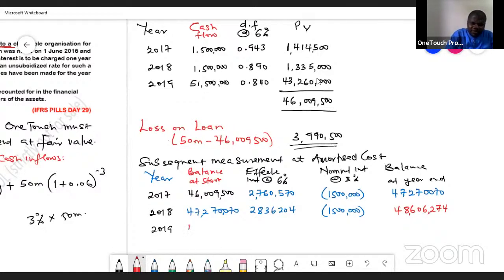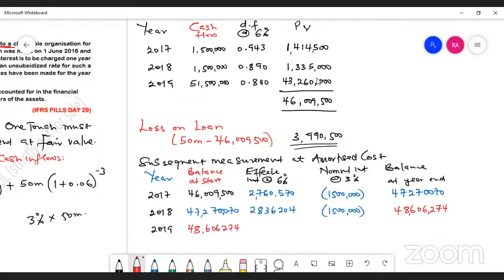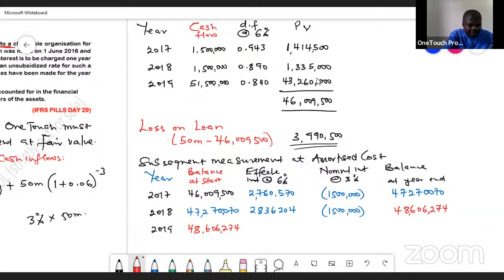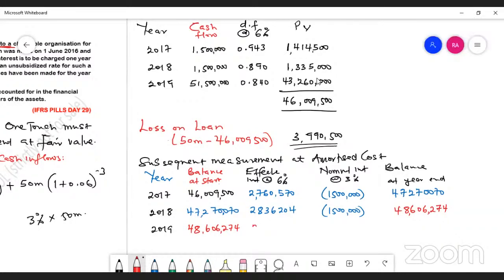And then if you are doing one corner, 4860. So 6% of that would be 2,916,376.